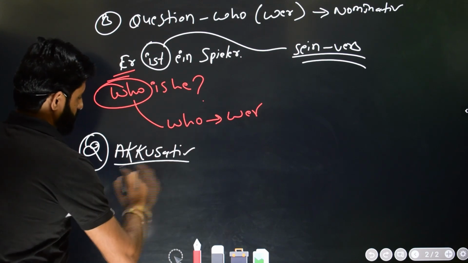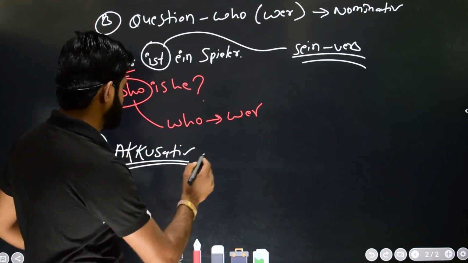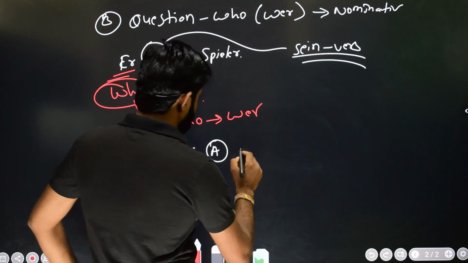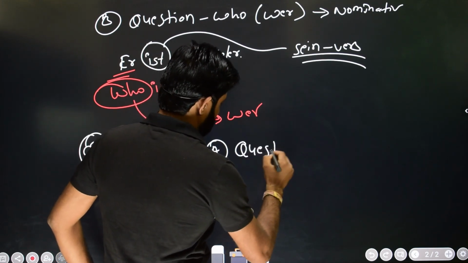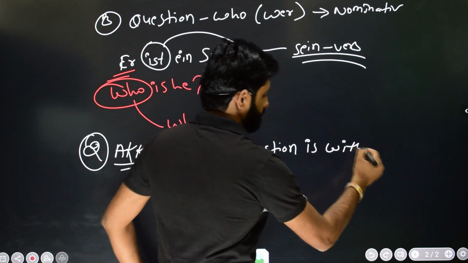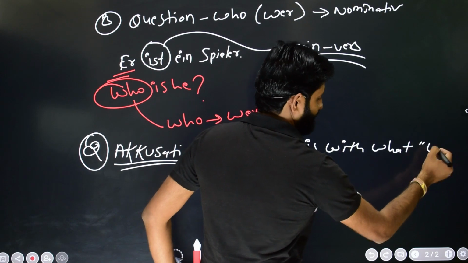Accusative case. How to identify the accusative case? There are various ways to identify it. The first one: the question is with what. What will be was in German.